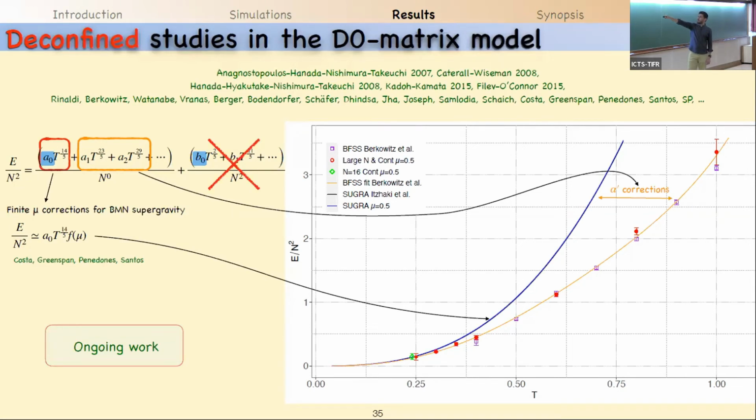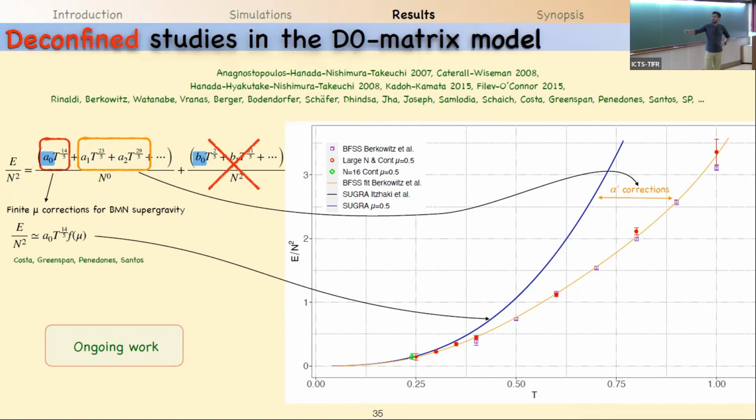Actually, there are two lines. One is the black D0-brane by Izaki et al. And there is a blue one, which is supergravity for finite mu deformation. But the difference is so small that it is almost negligible.